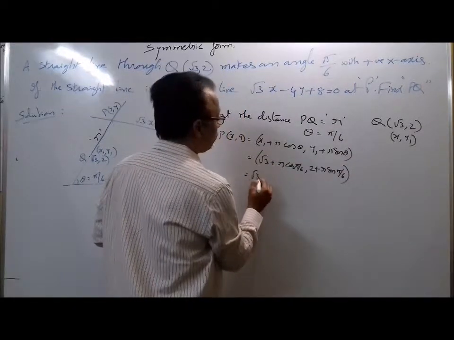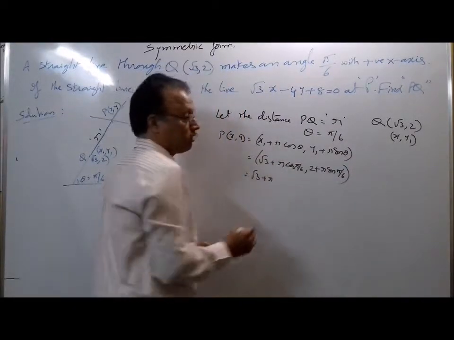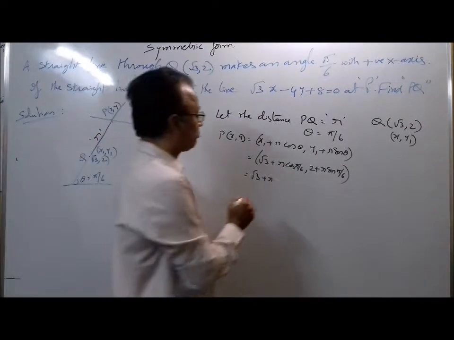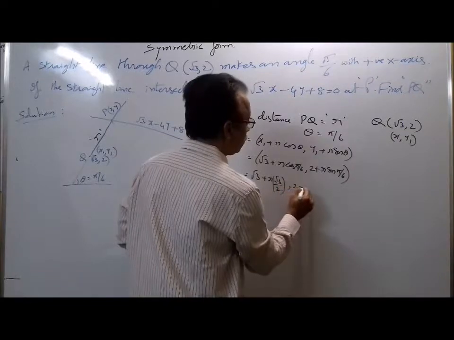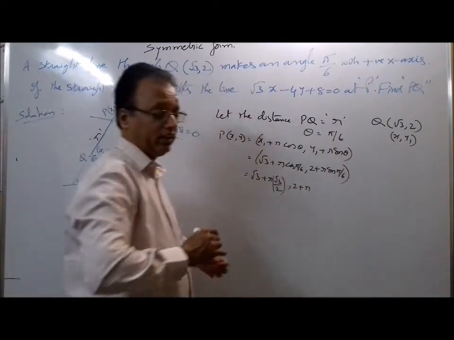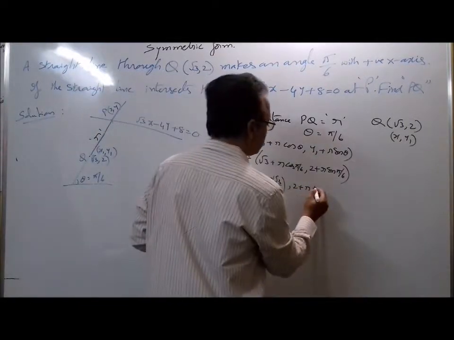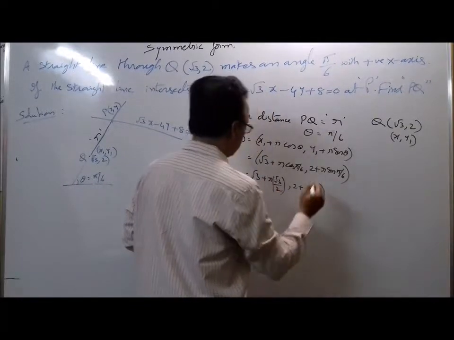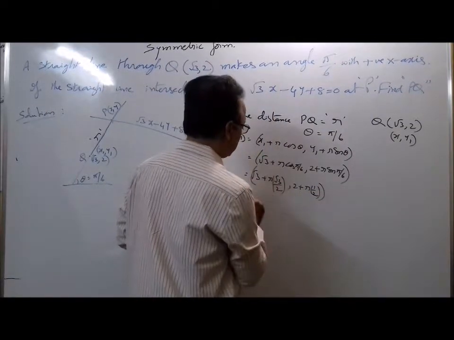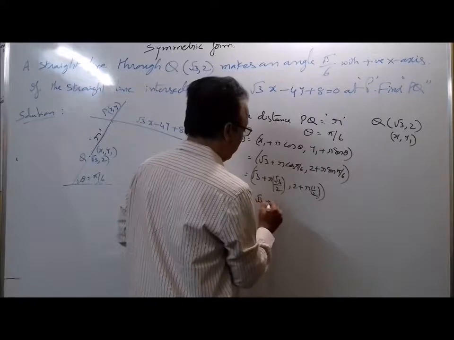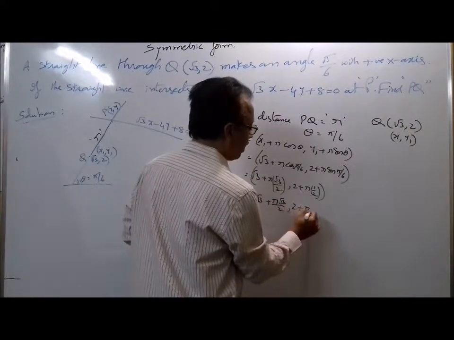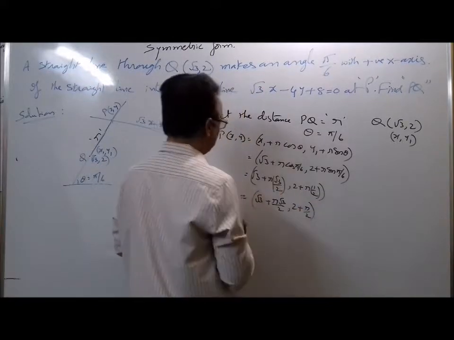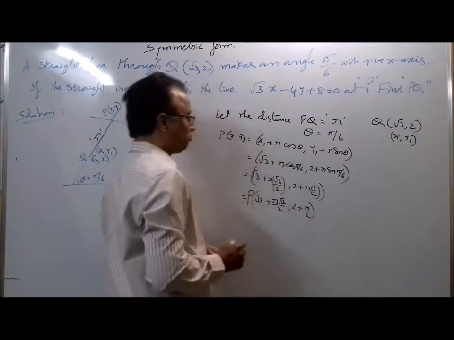That is root 3 plus r cos 30, root 3 by 2, comma 2 plus r sin 30, 1 by 2. So that is root 3 plus r root 3 by 2, 2 plus r by 2. This is the point P.